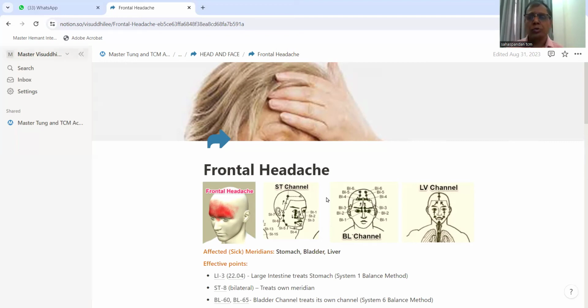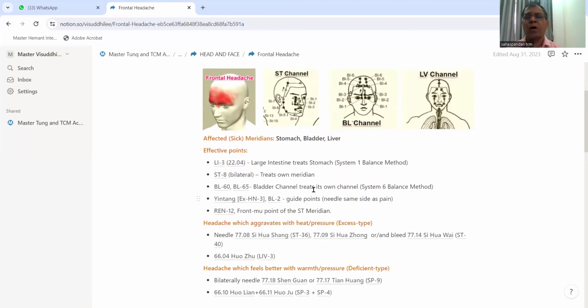Use these points: LI3 and ST8, UB60 and UB65, the Tung point between the two eyebrows, and REN12. It is a very effective combination for frontal headache.